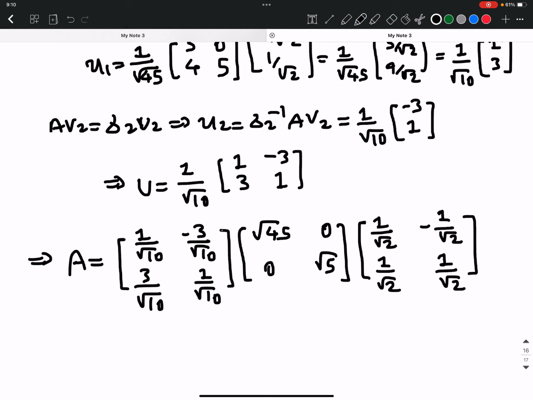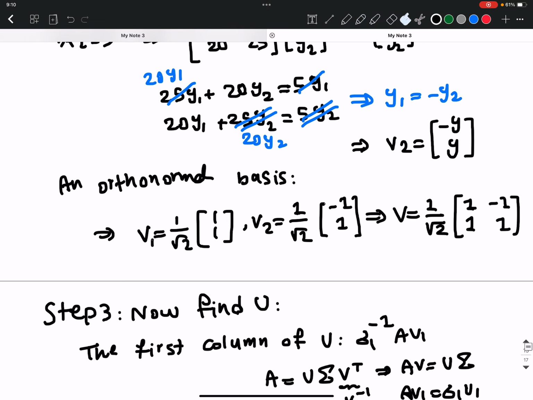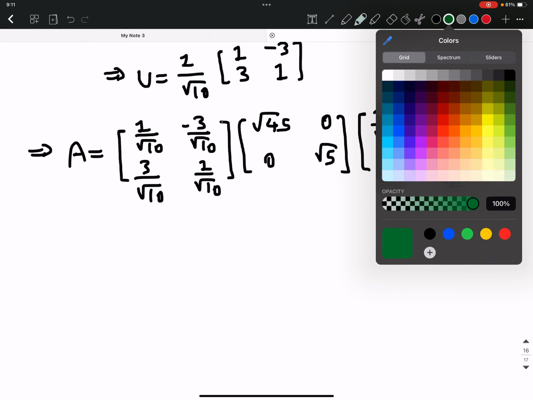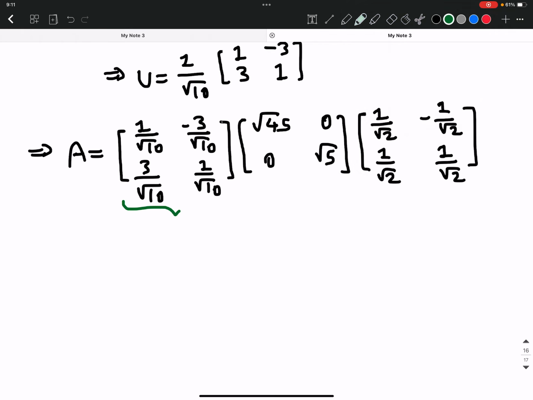Let me just check if it is correct. Yes, it's correct. So this gives me my whole SVD decomposition. This is U, and I need to add a transpose here. So this would be the sigma matrix, and this would be V, and the whole thing is VT, okay?